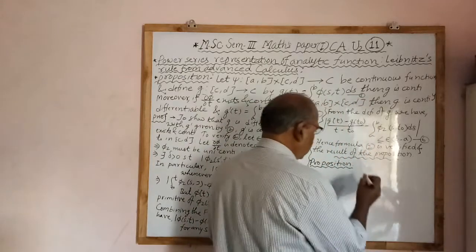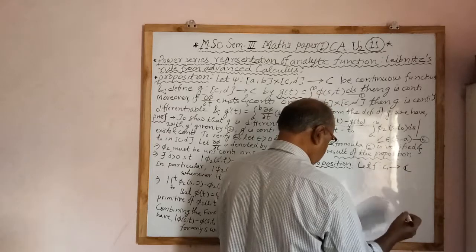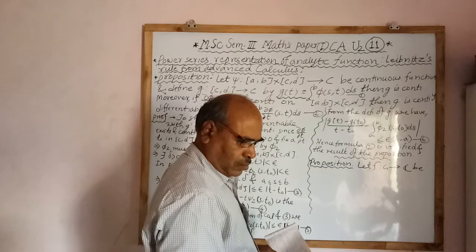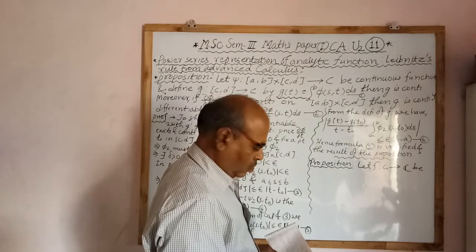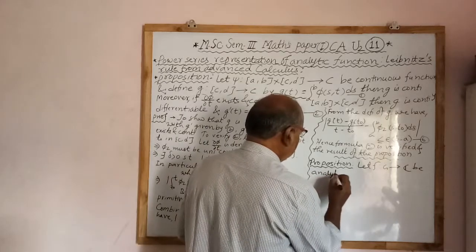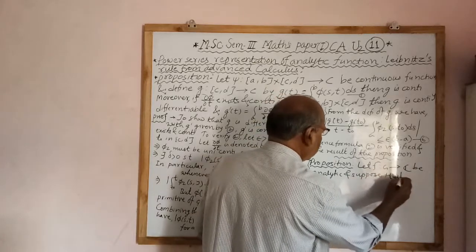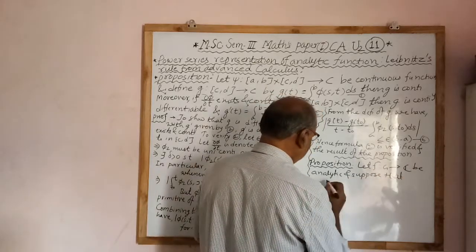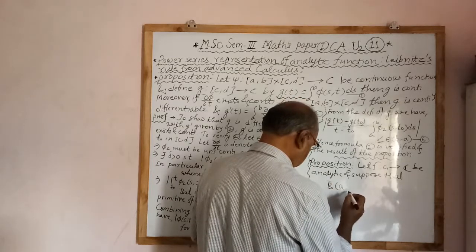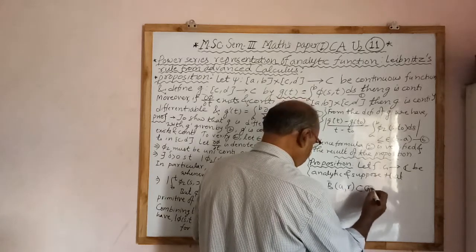Let f from G to C be holomorphic, and suppose that the closed disc V bar of (a,r) is a subset of G.